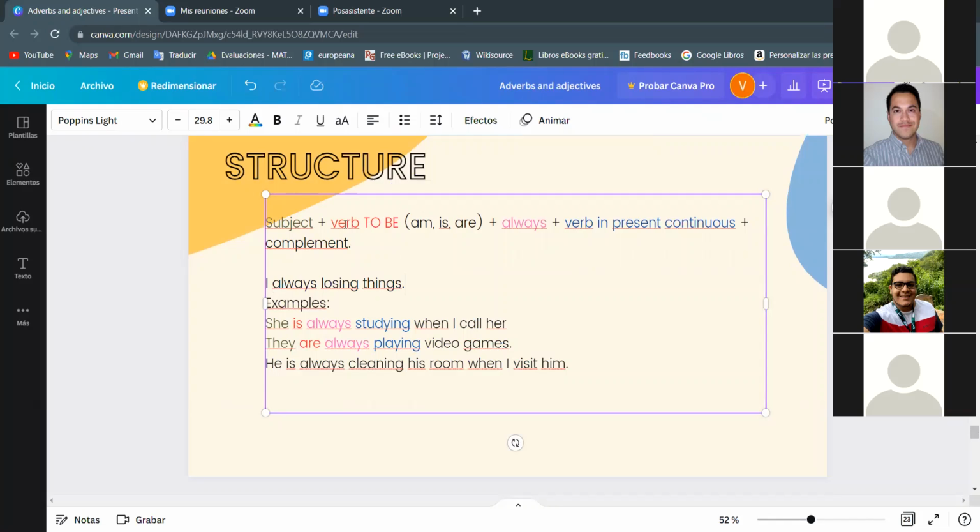Follow the structure. I don't know. Sorry. That's okay. You have the subject. You have the always. You have the continuous verb and the complement. What are you missing?